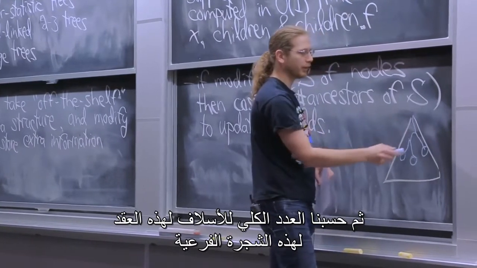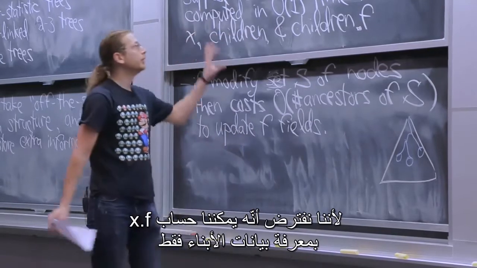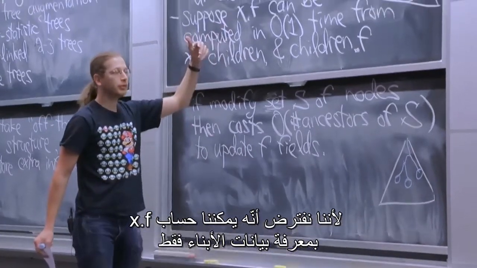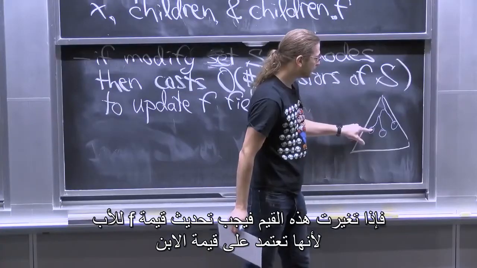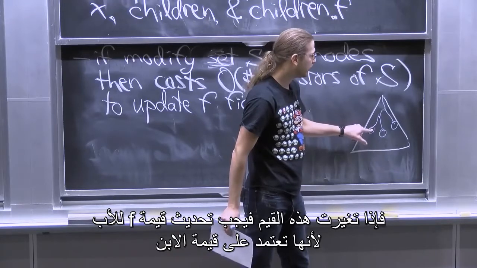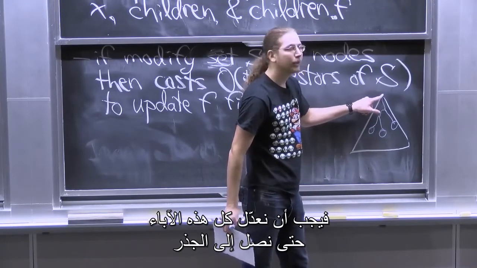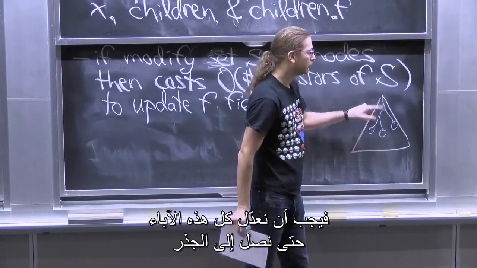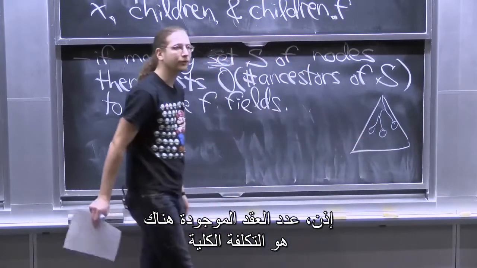Those are the nodes that need to be updated, because we're assuming we can compute x.f just given the children data. So if this data is changing, we have to update its parent's value of f because it depends on this child value. We have to update all those parents all the way up to the root. Okay, so however many nodes there are there, that's the total cost.